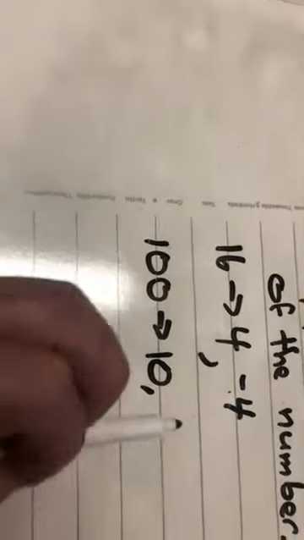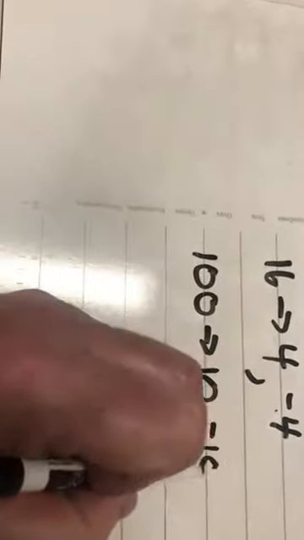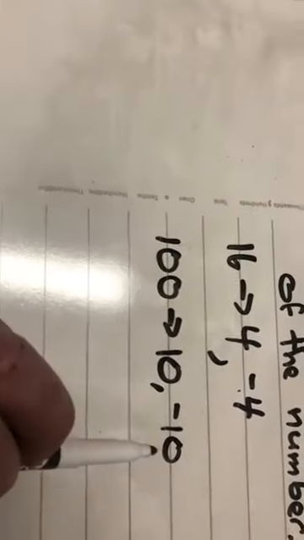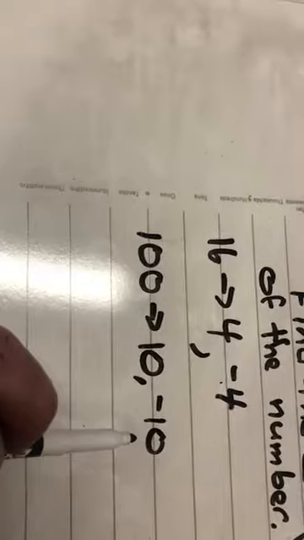Now, let's say I was looking at the number 100. If you plug 100 into your calculator, press the square root button, it's going to tell you that the square root is 10. But then common logic, because we know that negative 10 times negative 10 also equals 100, negative 10 would also be a square root.